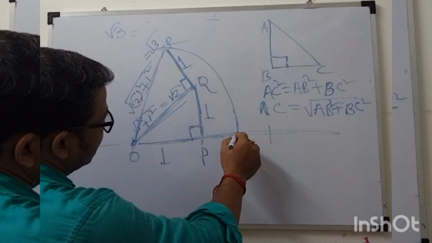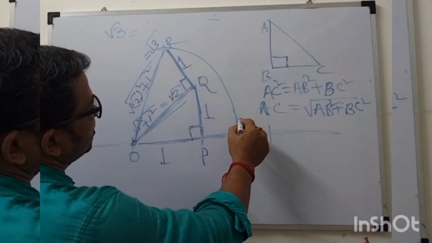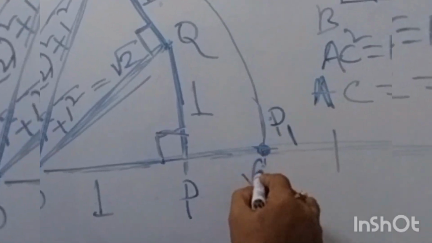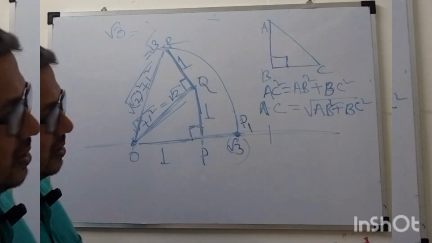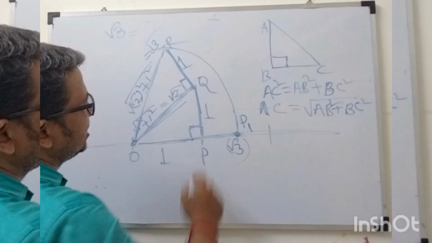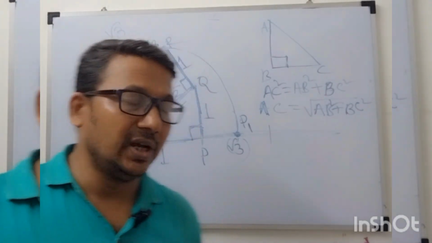Suppose this touches here and this point is P1. So it is the number root 3. So here we have to write that the number root 3 has been shown at the point P1 on the number line.